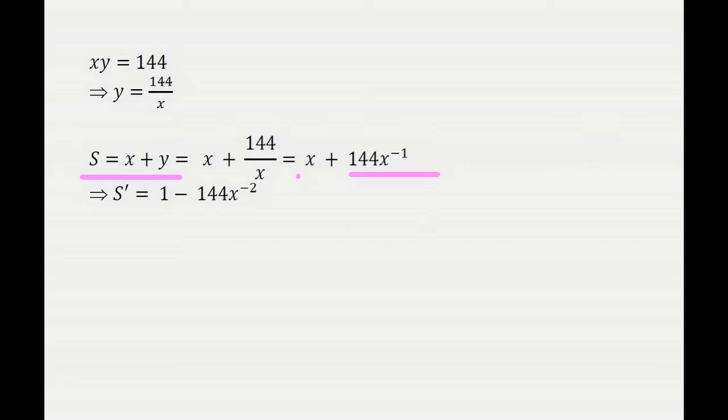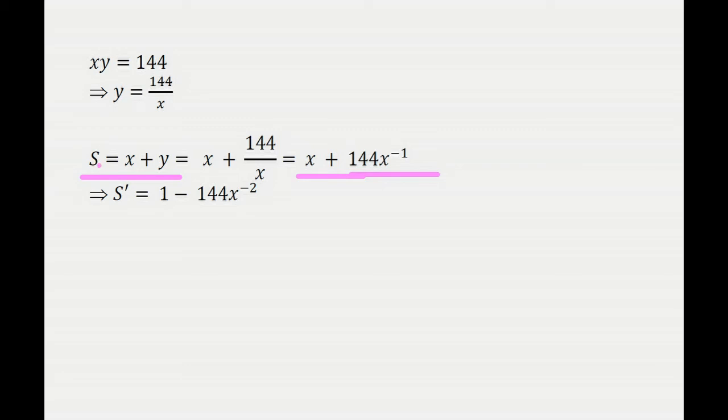Now, this function, s, is now a function of x, and I can find the derivative of s with regard to x by using the power rule here, and then the same power rule here, and that gives me 1 minus 144 times x to the power negative 2.